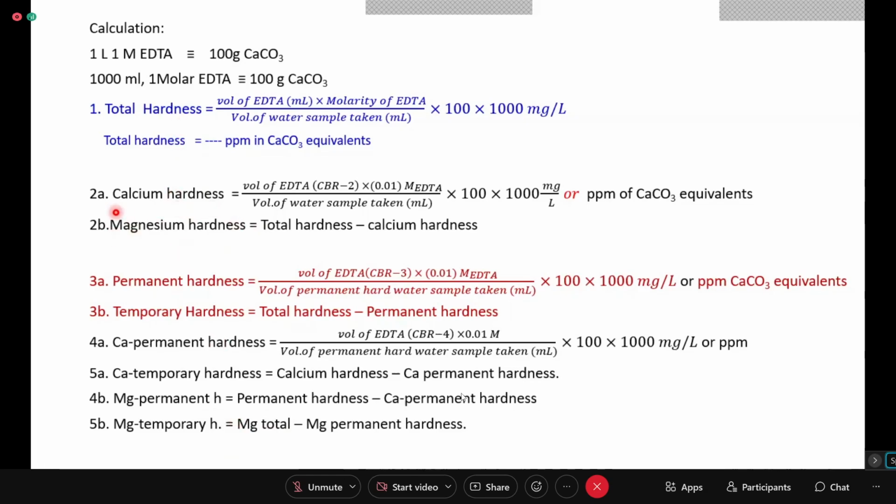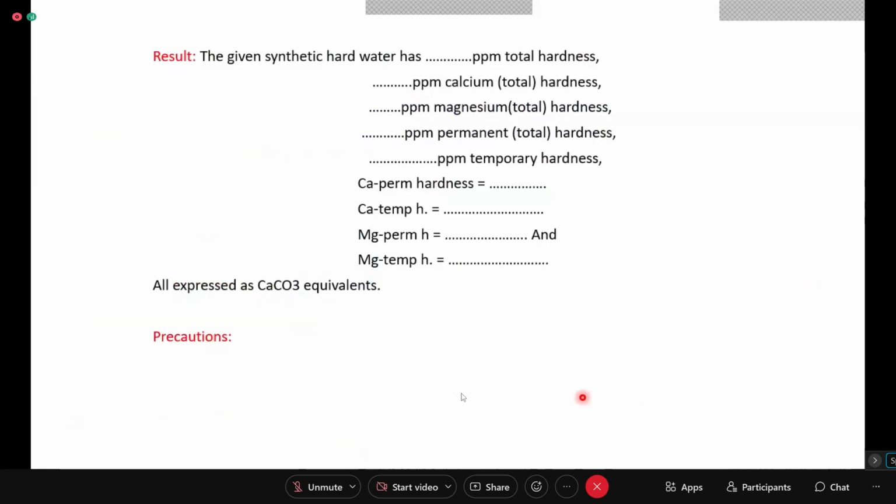So this magnesium hardness is put here, this value. 2B value is kept here minus the magnesium permanent hardness. Where you are getting magnesium permanent, here you are getting in the 4B part. Magnesium permanent you are getting. So you substitute magnesium hardness minus the magnesium permanent hardness, you get magnesium temporary hardness. Okay, so this is how you should go for calculating your results.